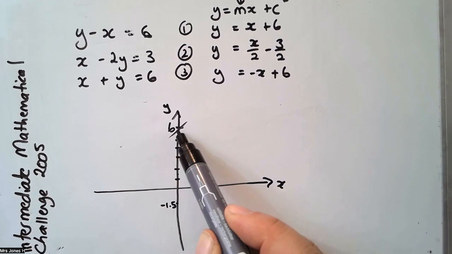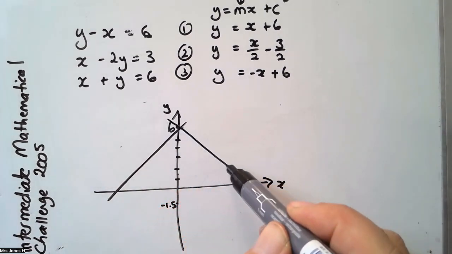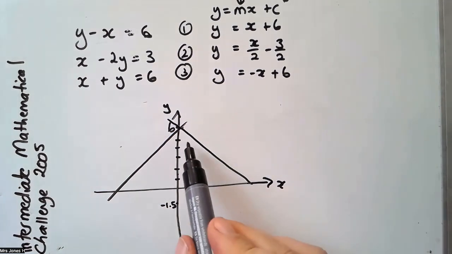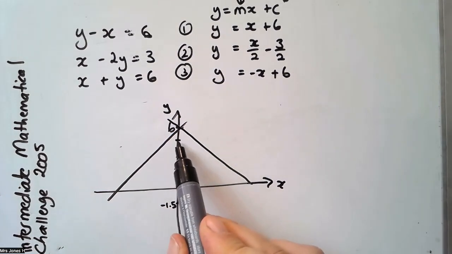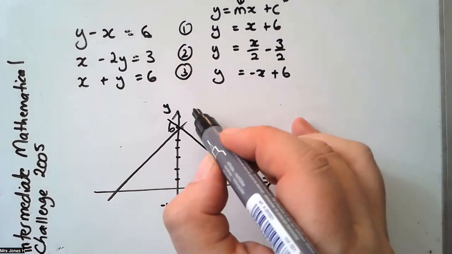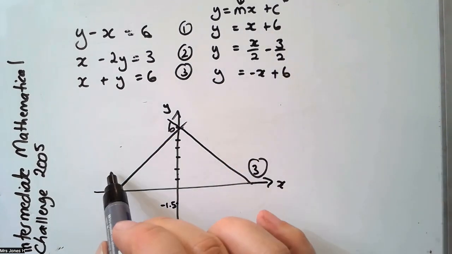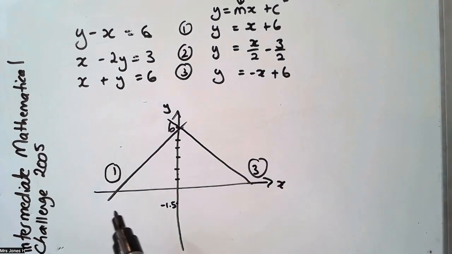So they're going to be at this sort of line, where this is 45 degrees here. The negative x is this one here. So this is line 3, and this is line 1.